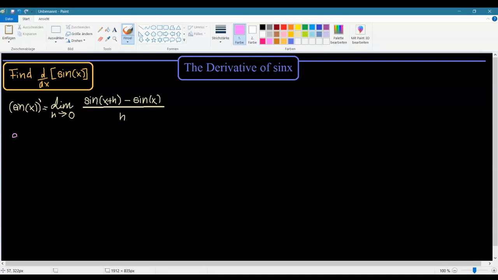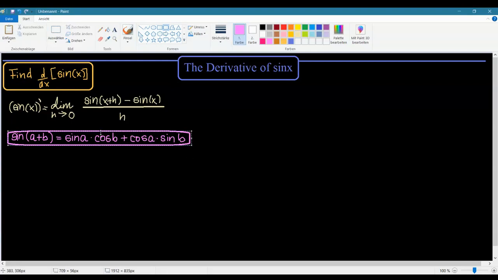Sine of a plus b is sine a times cosine b plus cosine a times sine b. Not too difficult, and it's going to roll out our numerator. Then we're going to simplify, and we'll have cosine x in no time.